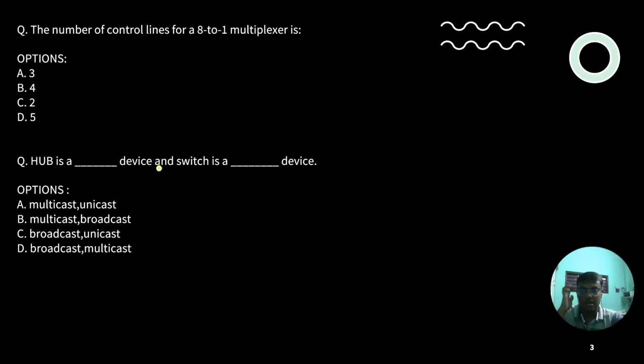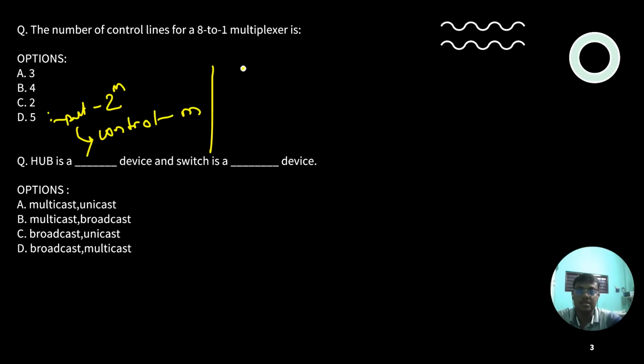So this is a question from the IT fundamental section. Here it is said the number of control lines for a 8 to 1 multiplexer. Now, as you know, for a multiplexer, if the number of input lines is 2 to the power m, the number of control lines would be m.